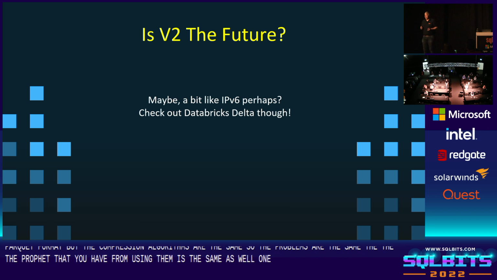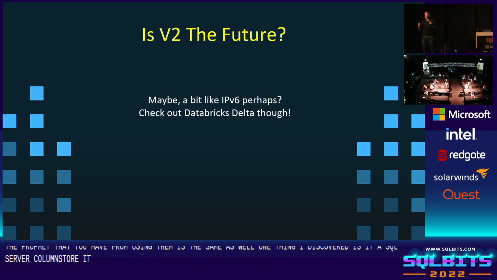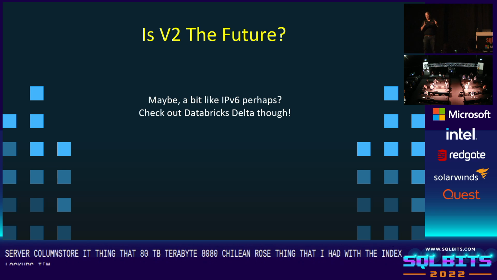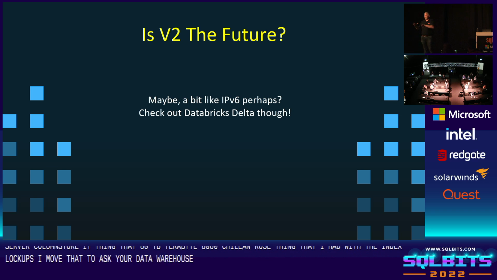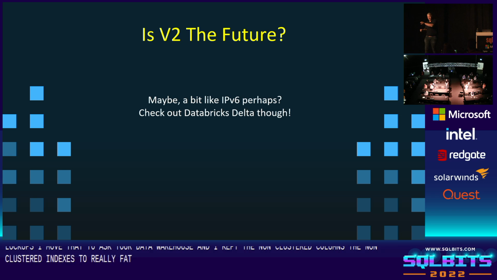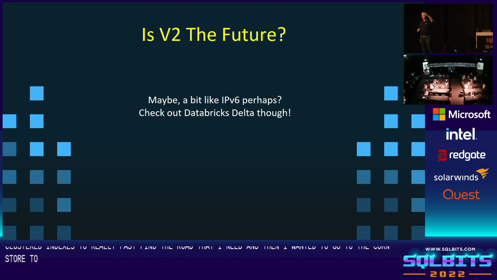One thing I discovered though is a SQL Server column store thing. That 80 terabyte, a couple of hundred terabyte, 80 billion rows thing that I had with the index lookups, I moved that to Azure Data Warehouse, and I kept the non-clustered indexes to really fast find the row that I need. And then I wanted to go to the column store to get me the rest, like a clustered key lookup, right?